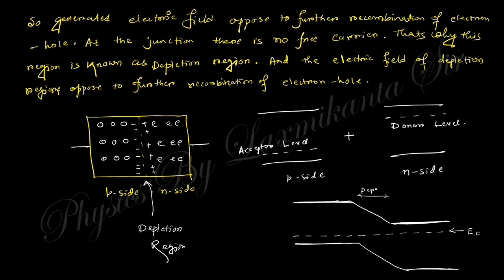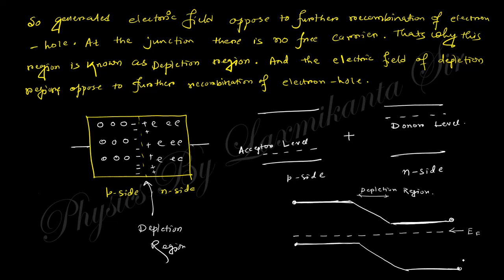So this portion is the p side, this portion is the n side, and this is the depletion region. In this process the depletion region is formed, and the PN junction is formed.